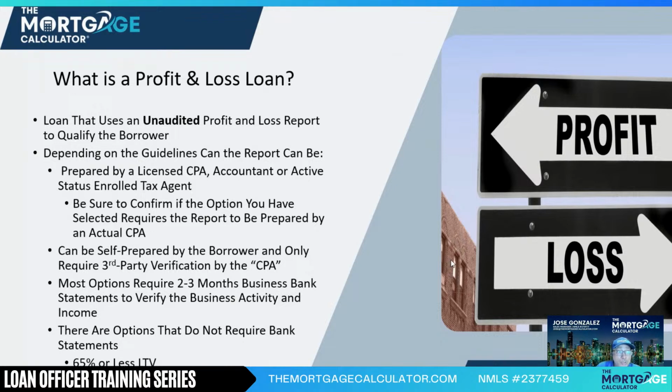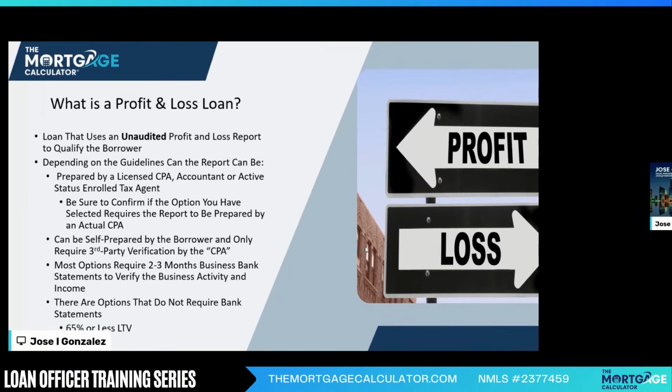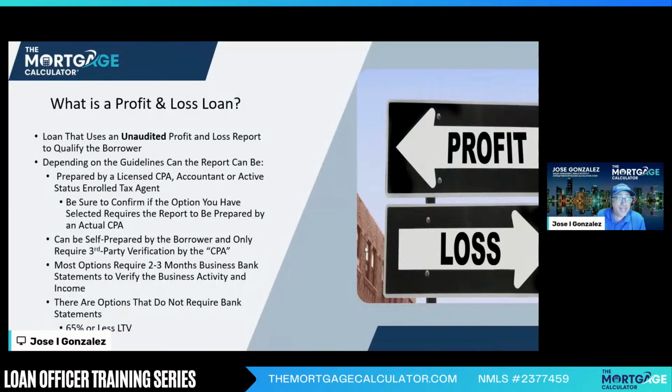Now, most options do require, and this is a tricky part, most options do require anywhere from 2 to 3 months business bank statements to verify the business activity and income.